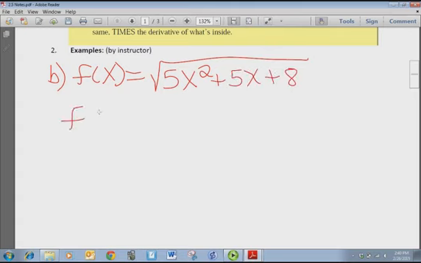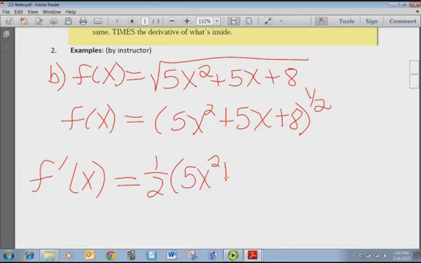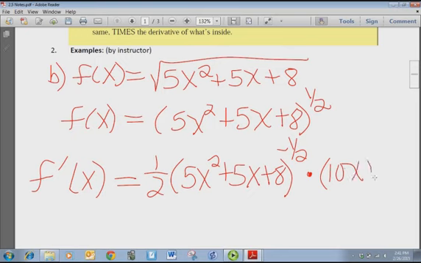Well, we want to make this derivative friendly, so instead of having the square root, we make it all to the 1/2 power. Now follow the chain rule. So we take the 1/2 down in front, times the inside, and then we subtract 1, so we get negative 1/2 now, and we multiply by the derivative of the inside, which would be 10x plus 5. And that's it.